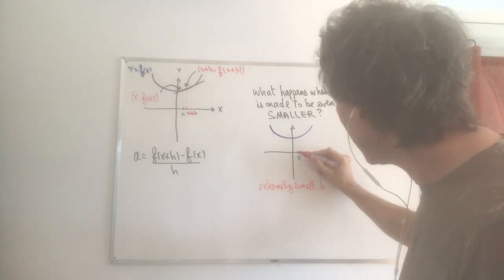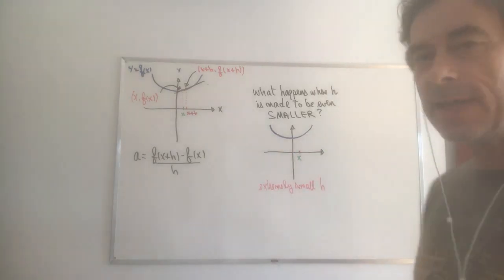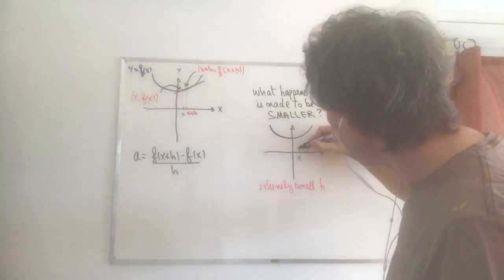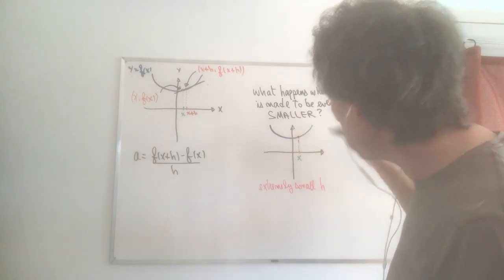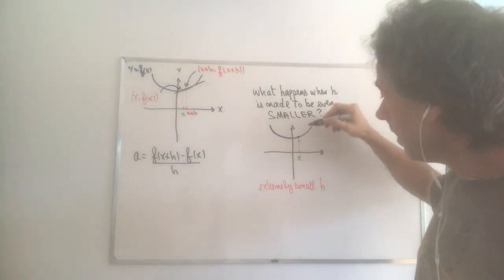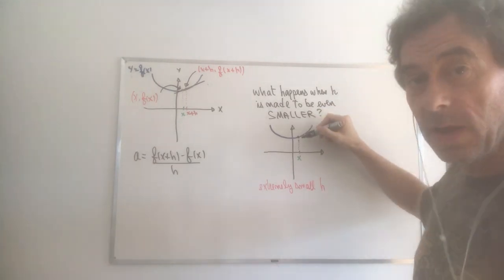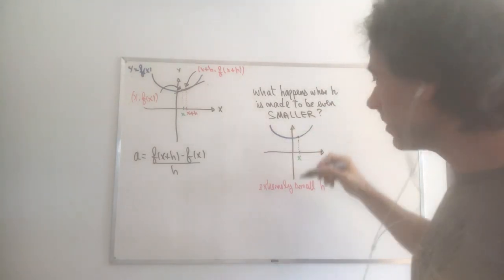So it's like the x and the h are so close to one another that you cannot tell them apart. In other words, this point on the graph is at the same time x and f of x, and almost also x plus h, comma, f of x plus h.